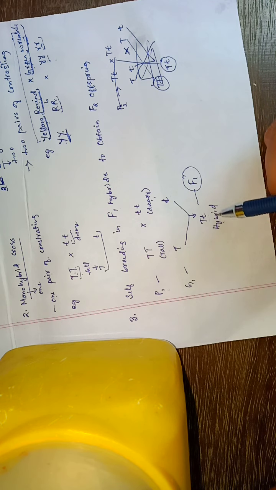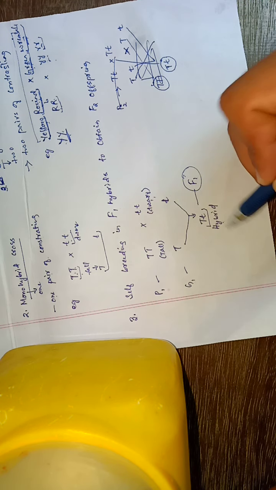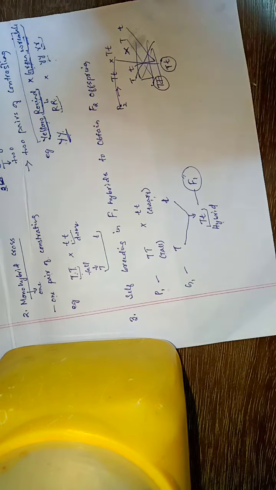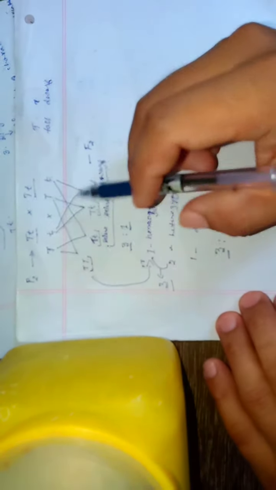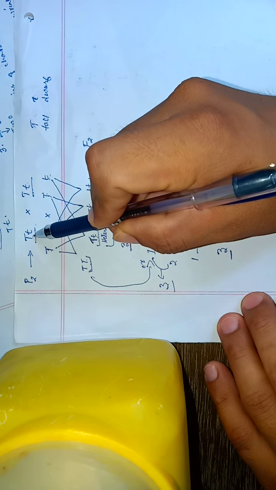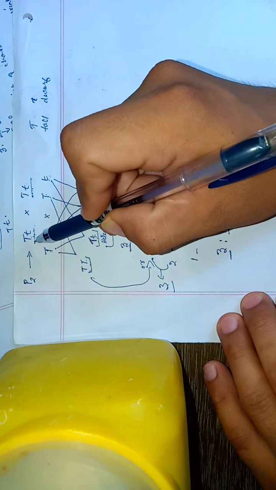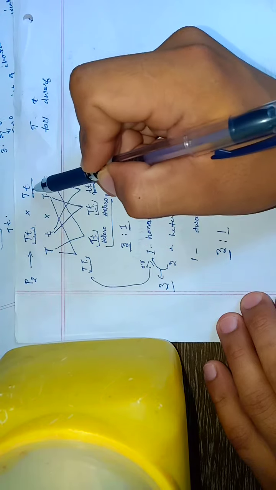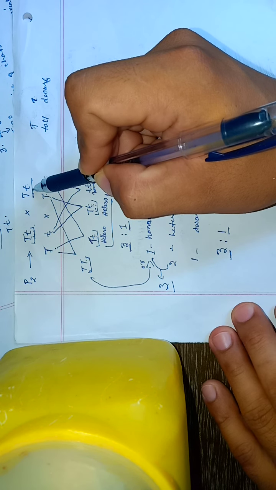After crossing, it gives the heterozygous tall. So in this case, the heterozygous tall will be crossing with heterozygous tall again. So this one is the hybrid of the F1 generation. This is also a hybrid of the F1 generation.